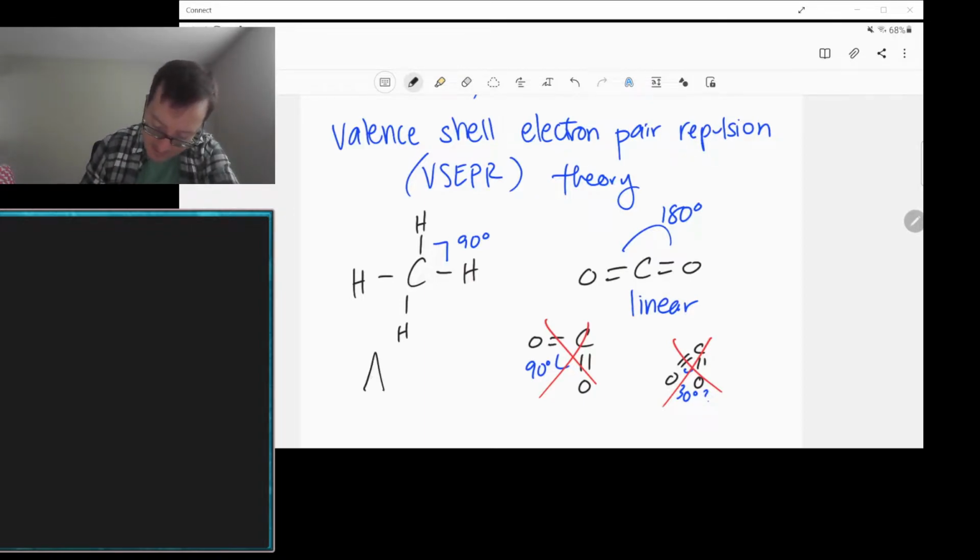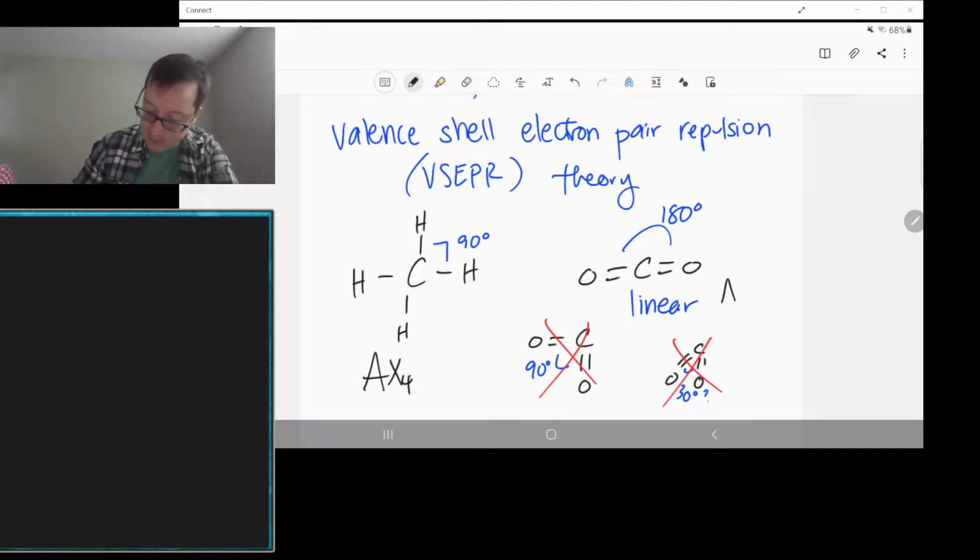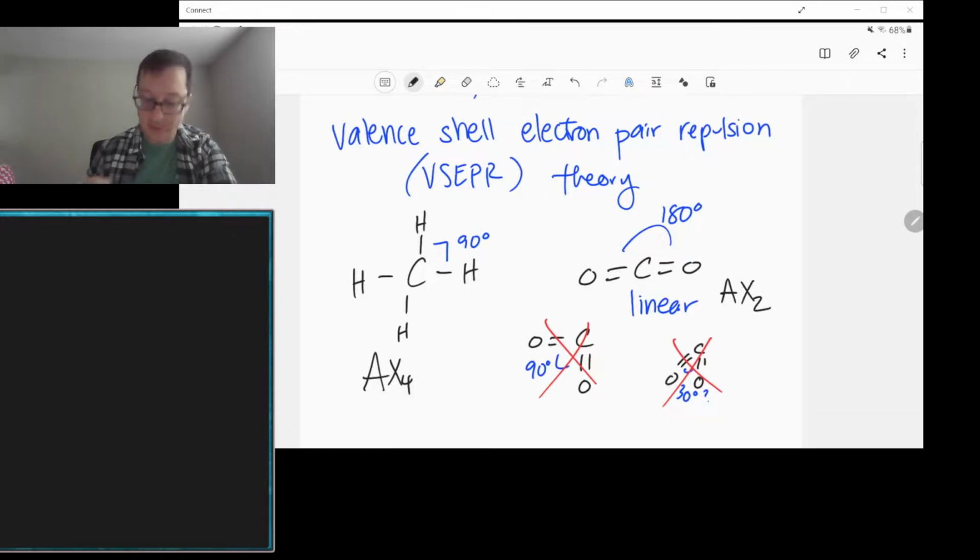We're going to see that methane will fall under the AX4 category, and CO2 will fall under AX2.